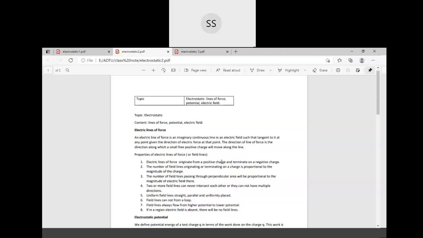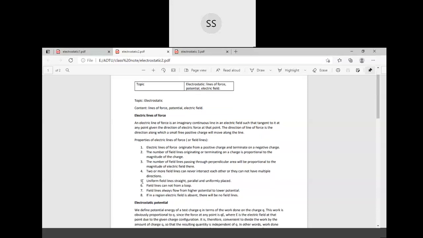So the direction of electric field is the same as that of a unit positive charge in the particular electric field. So these lines are actually imaginary lines in that electric field. Okay.